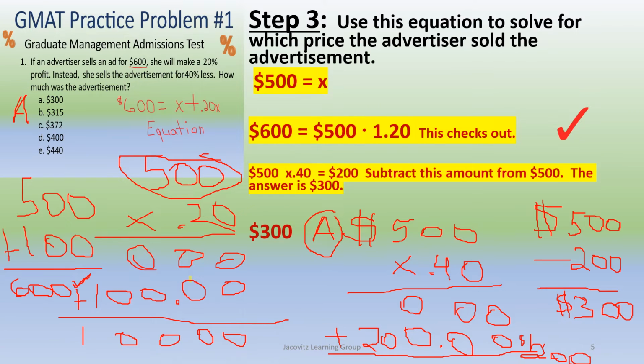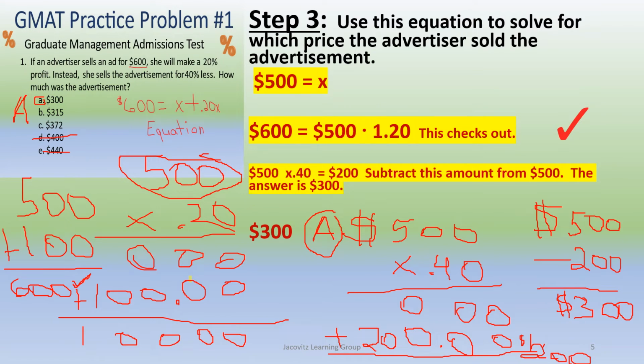All these other choices are distractors. You could get 315, you could get 372. I don't even know how 400 and 440 unless you start adding in the wrong place at the wrong time or misreading the question.